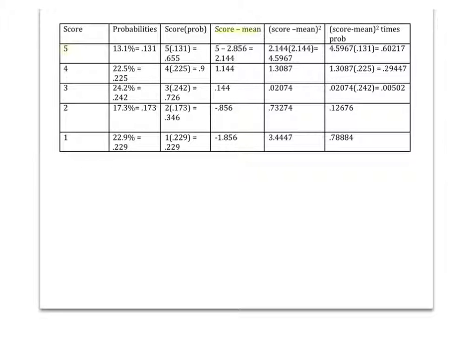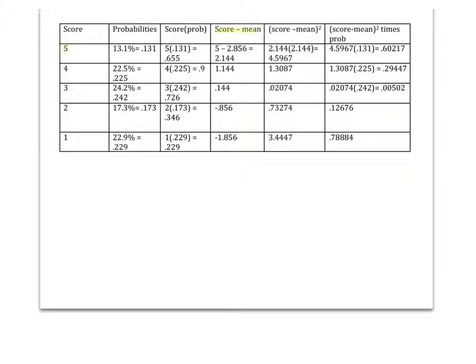Then 3 minus 2.856 gives 0.144. Then 2 minus 2.856 gives negative 0.856. And 1 minus the mean gives negative 1.856.